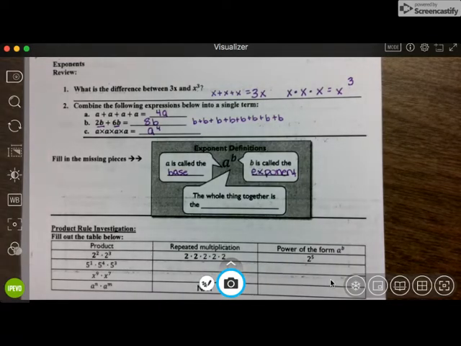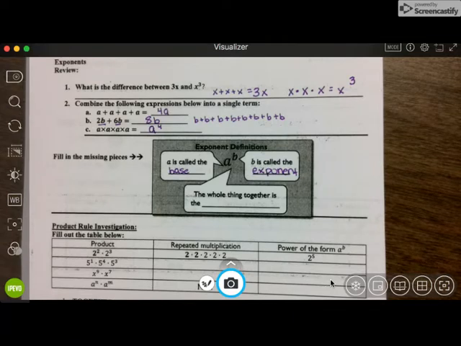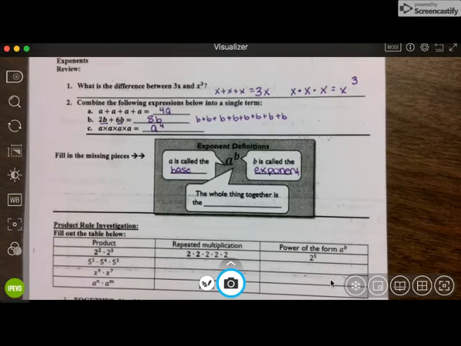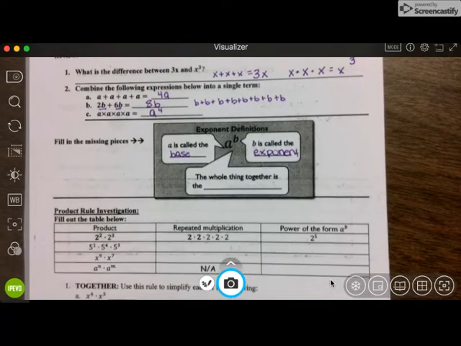And I forget what that is called, so I'll let you know. Okay? So today we are looking at exponents, and we are going to first look at what's called the product rule.